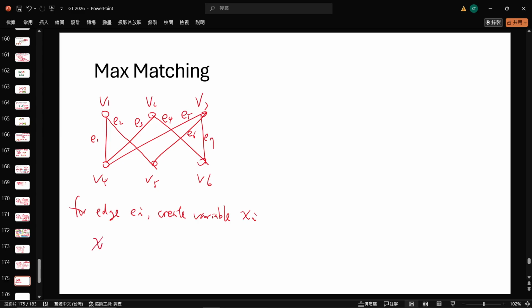So the physical meaning is that, first of all, it's a binary variable. I know that in the previous examples we do not have binary variables, but trust me, it didn't change anything. So xi is a binary variable. When xi is 0, this means ei is not in the matching.